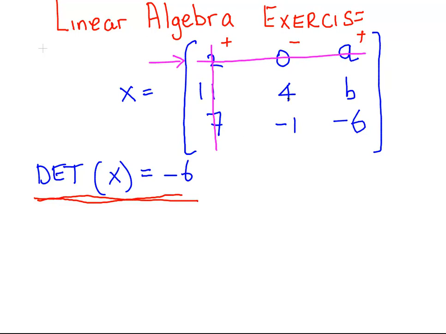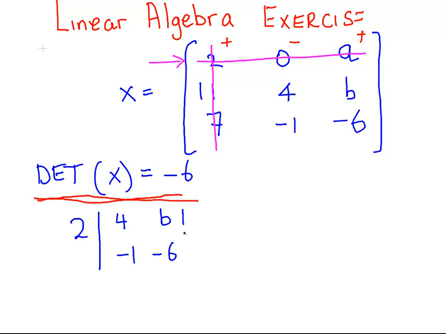What do you have left? 4, B, minus 1, and minus 6. So 2 by the determinant of its minor matrix is the determinant of 4, B, minus 1, minus 6.